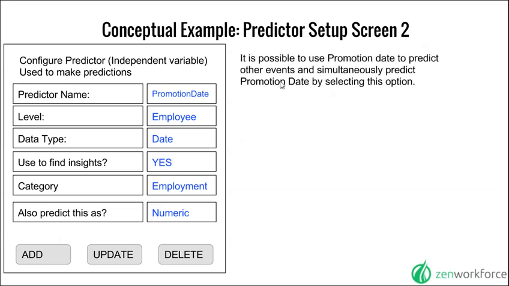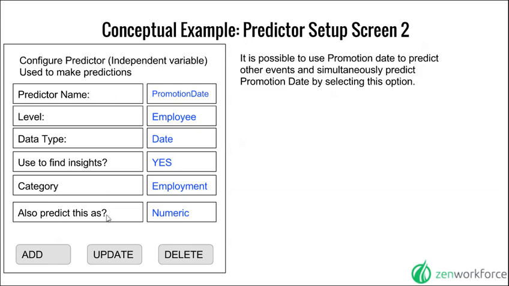So when you do this, you're basically creating a virtual promotion date tile. So the insights can include the relationship between other predictors like test scores and promotion date. So it becomes both a predictor, which is an independent variable, and a dependent variable.